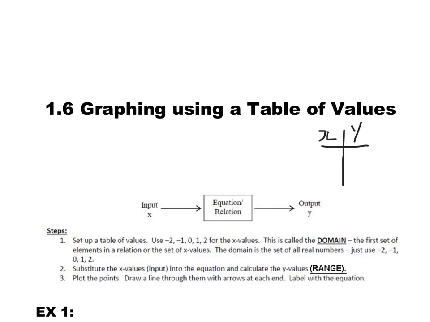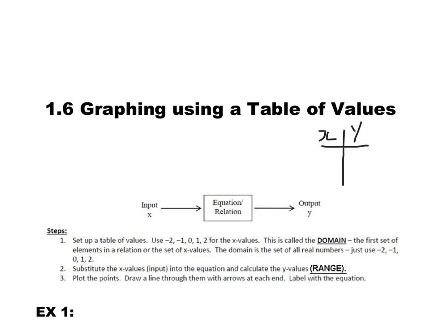Usually, the left column is assigned to the independent variable and the right column is assigned to the dependent variable. In our case, X is independent and Y is dependent.